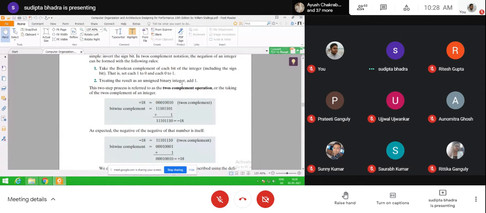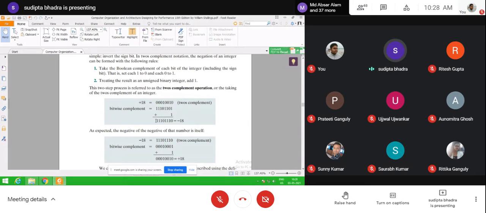Then add 1, and whatever the result is, that is the negative number of plus 18, which is minus 18.